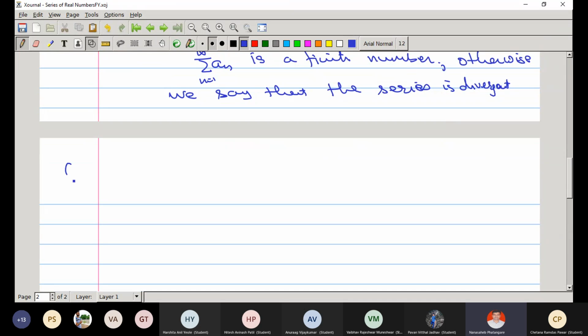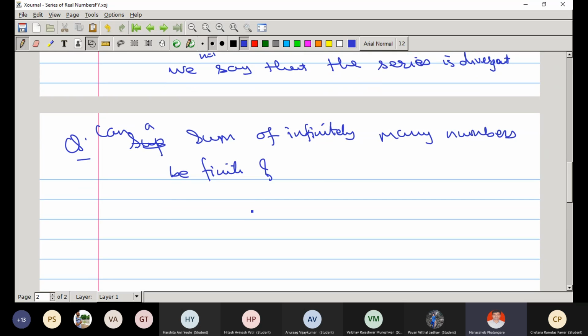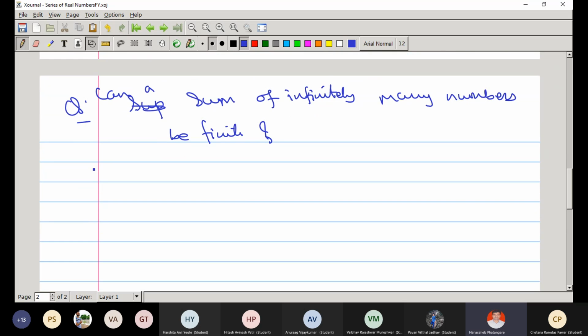Now, the question you can ask is: can a sum of infinitely many numbers be finite? Right? Can a sum of infinitely many numbers be finite? So these are the questions, and we want to answer these questions.